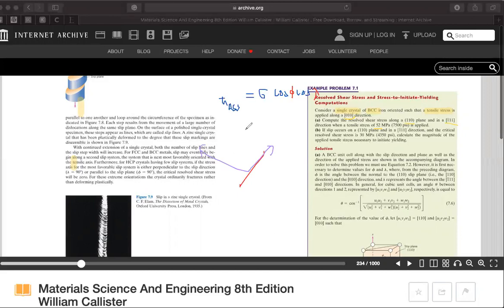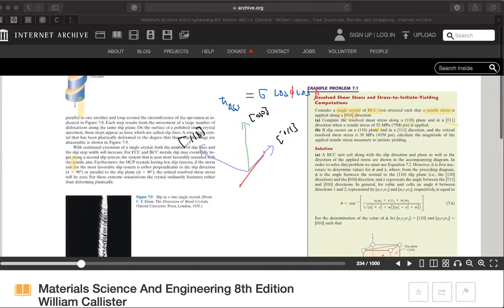Now, the applied stress direction is 0, 1, 0, and the slip direction is -1, 1, 1. The normal to the plane in a cubic system has the same indices as the plane, so if this plane is 110, then the normal is 110.